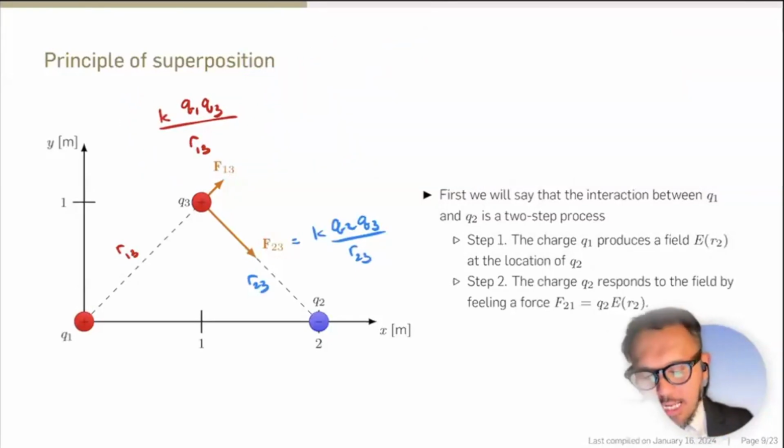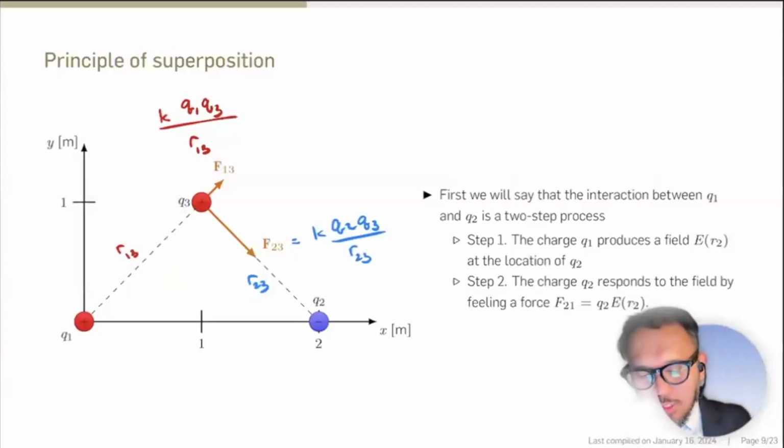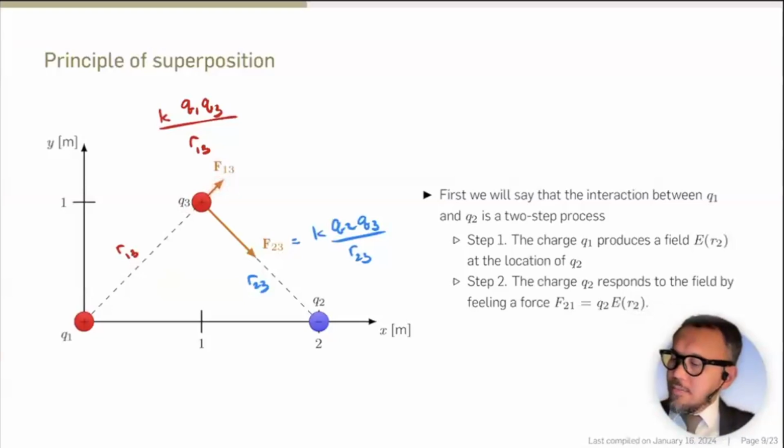In terms of the direction, we know that F13 will be along the direction that connects the centers of Q1 and Q3. So that's one. Second, we know that it should be a repulsive force. So instead of pointing this direction, which is not right, it should point this direction.